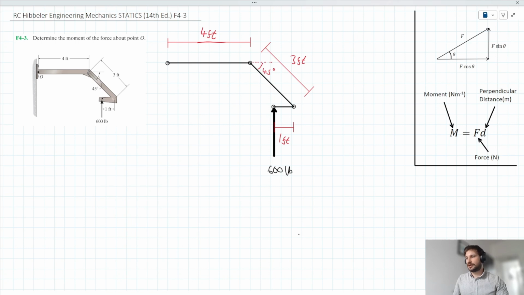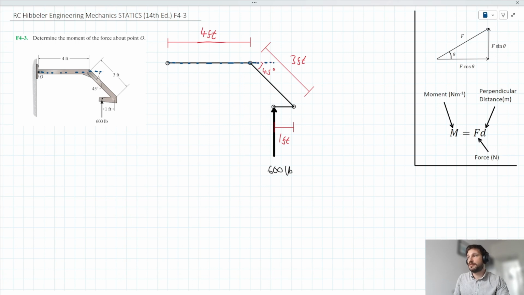And since it's an anti-clockwise moment, the perpendicular distance from point O that we're interested in here is this length here, right? So let's just add that to our diagram. We're interested in this length here. We note that we've already made 4 feet of progress here.